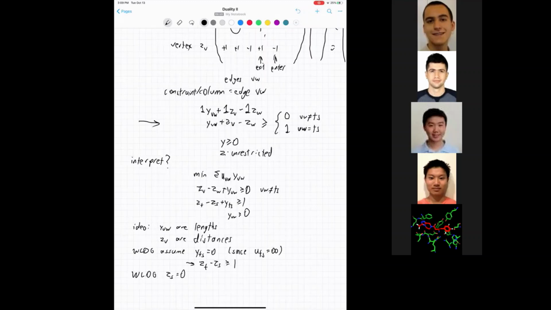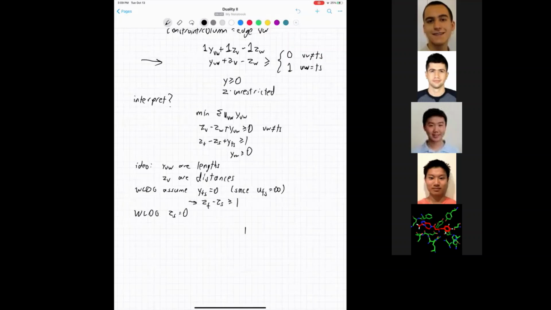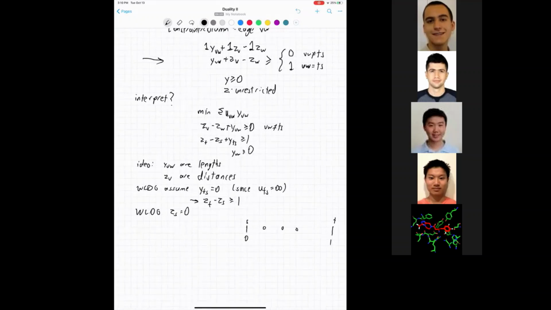Okay. So if you think about it, what we're now saying is we want to assign some lengths YVW to the graph edges, and we want to put S at position 0 and T at position 1. And we want to put all of the other vertices somewhere along the line from S to T. But the length of the edge, YVW, has to be larger than the space between V and W. Does that make sense?